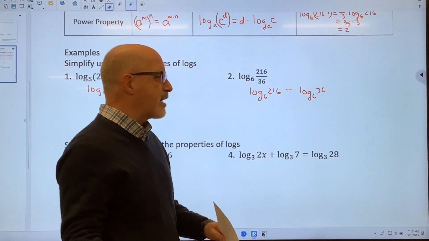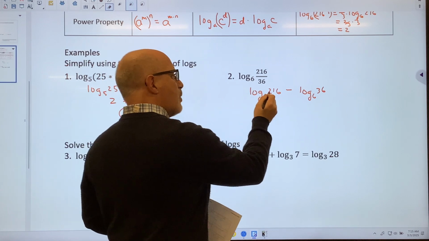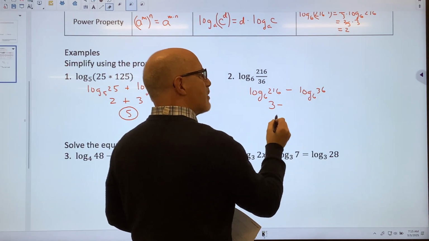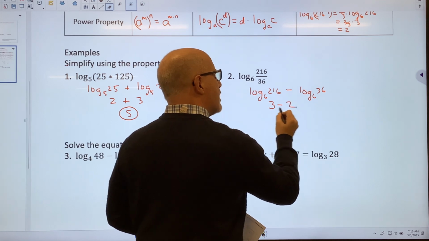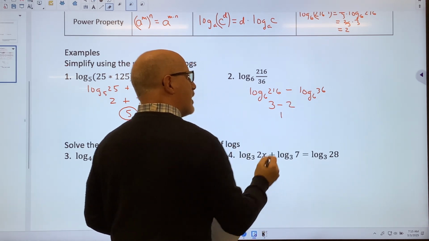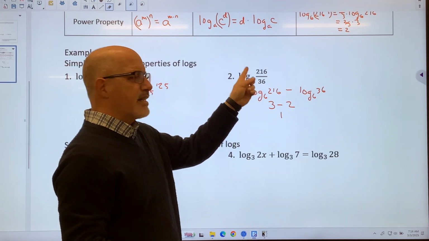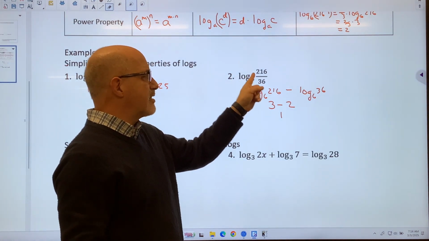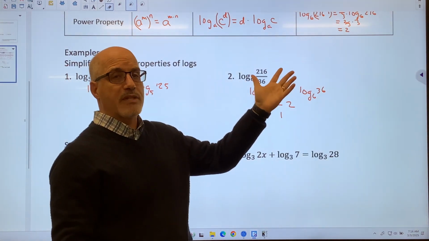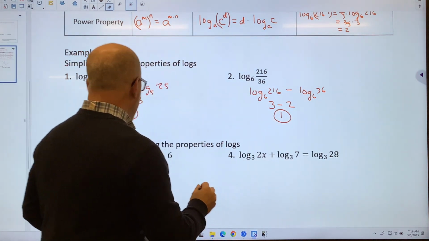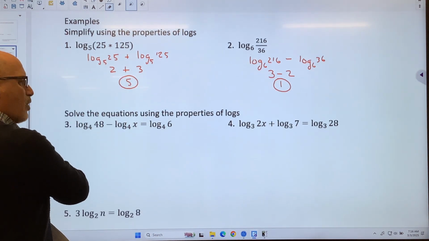Logs represent the exponents. 6 to what power equals 216? That's a 3. 6 to what power equals 36? That's a 2. 3 minus 2 is equal to 1. And if you were to do this, you'd have 216 divided by 36 is 6. Log base 6 of 6. 6 to what power equals that? 6. You get a 1. That's our answer.